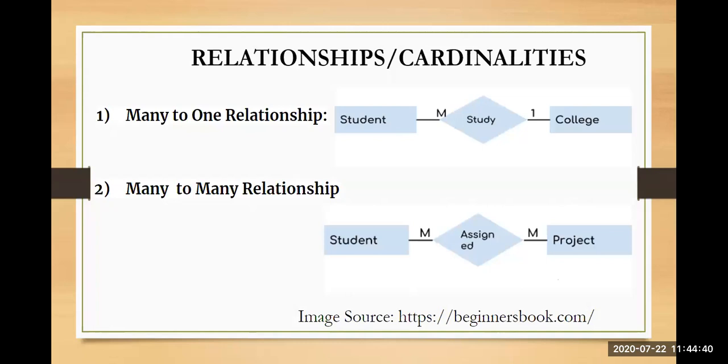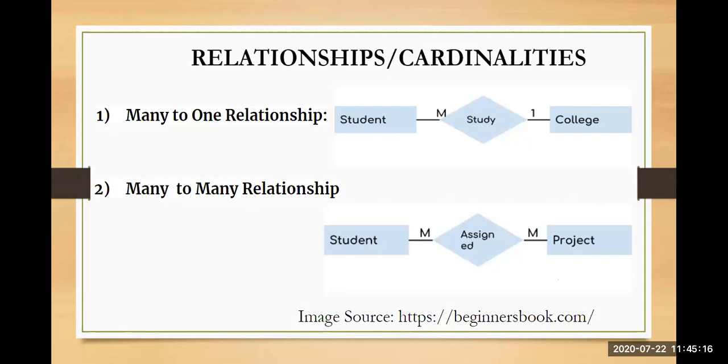Last is your many to many relationship. It is when more than one instance of an entity is associated with more than one instance of another entity. For example, here we have two entities: the student entity and the project entity, and the relationship between these two is 'assigned'.